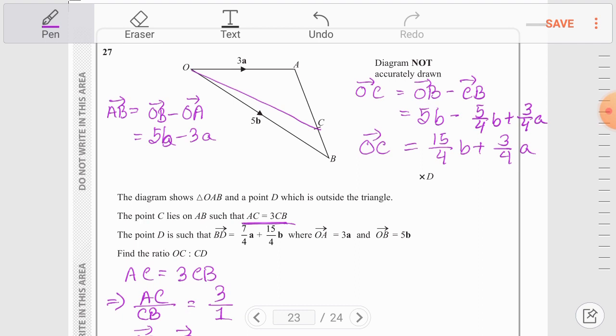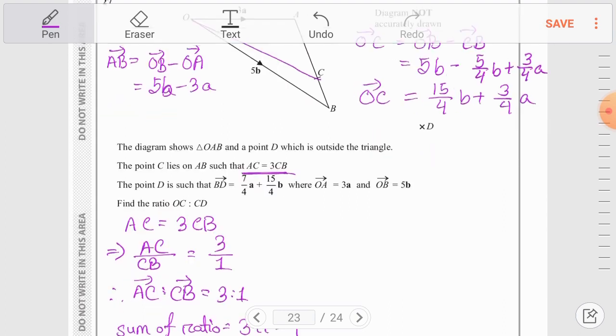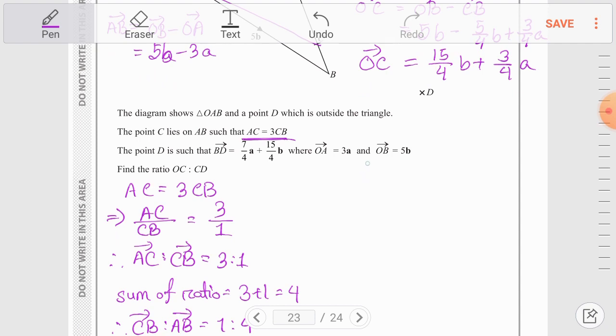And now we need to find the value for the line CD, and we can do that by adding CB with BD. So we will get CD using CB plus BD.